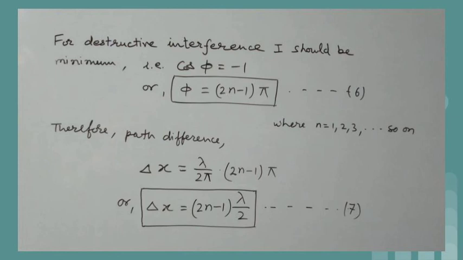The condition is then summarized as: for destructive interference at a point, the phase difference between the two waves should be an odd multiple of π, or the path difference should be an odd multiple of half of the wavelength.